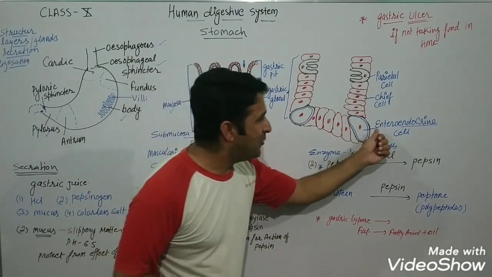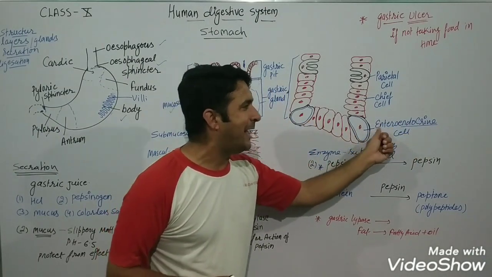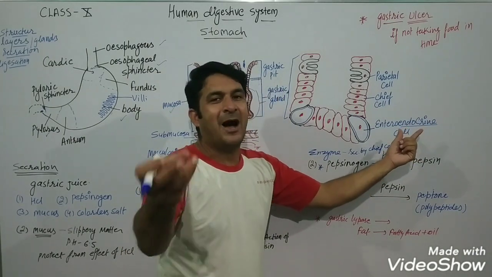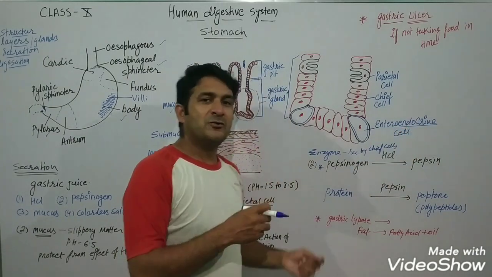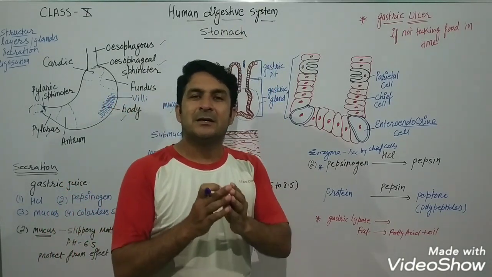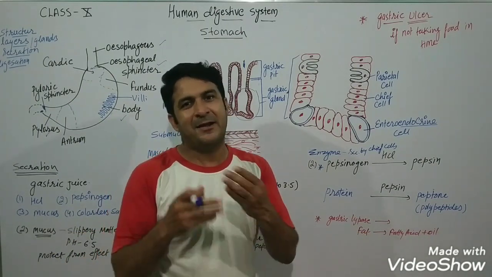Okay, then after that you can see enteroendocrine cells. These larger cells are called enteroendocrine cells. Endocrine means the gland which secretes hormone. Because we are talking about the digestive system here, we will only discuss the digestive system and related glands.